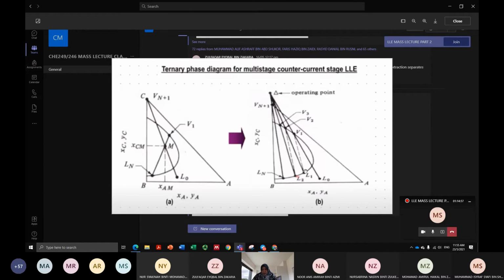What L1 will do is, from L1, you connect with V1, and then you extend the line from V1 to the operating line. Okay, from V1 to operating line. So it begins like this actually. So you actually have another graph below here.